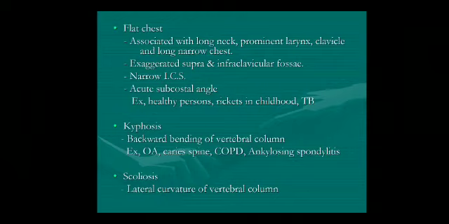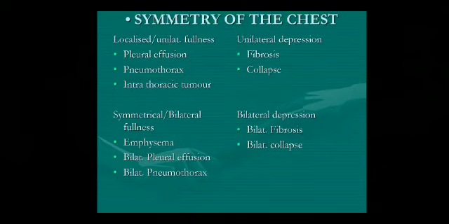All these are the causes for kyphosis. Scoliosis means the lateral bending of the spine and rotation of the vertebra, resulting in undue prominence of the chest and scapula on the side of the convexity. So these are the different deformities of the chest.